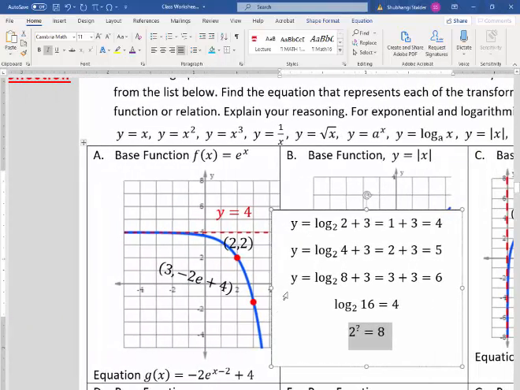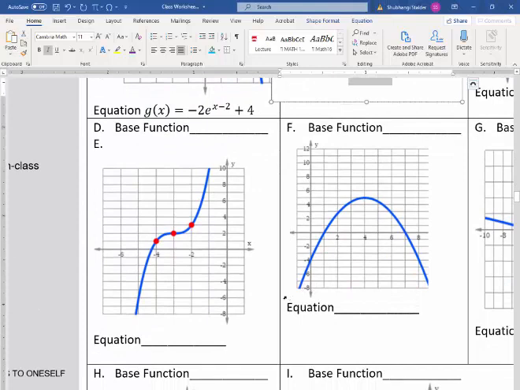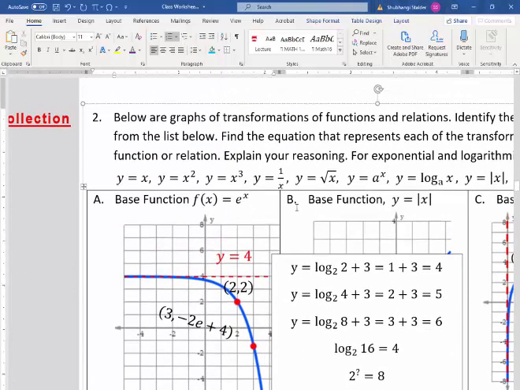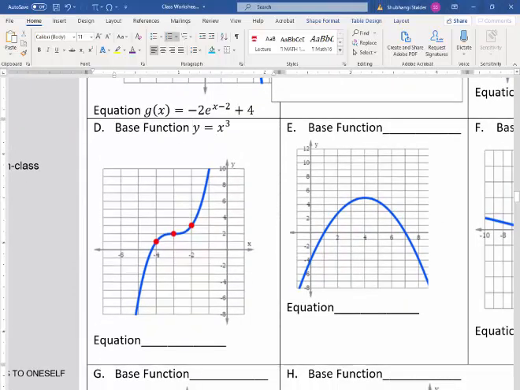All right, let's do D on your own. Figure out what D is. What shape? X squared. Which one? X to the third power. Yes, very good. X to the third power. So that's the basic shape, and what have we done to it?